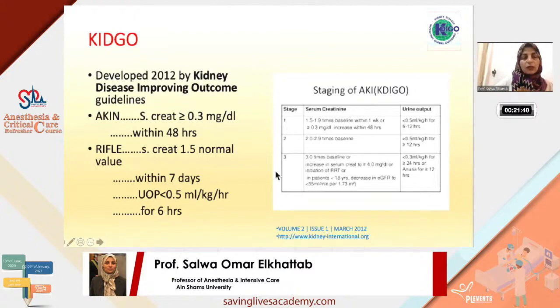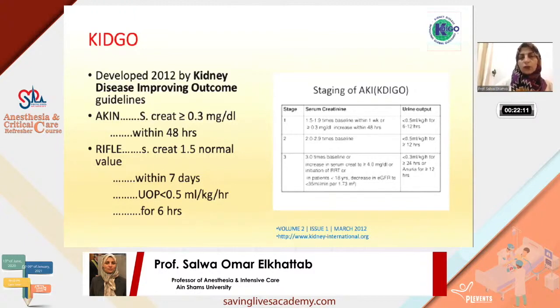It's similar to the Acute Kidney Injury Network classification in using an increase in serum creatinine of more than 0.3 milligram per deciliter, again within 48 hours, and it's using the RIFLE serum creatinine value within 7 days, and urine output less than 0.5 ml per kg per hour for more than 6 hours. So as we see, they are sharing some of the criteria.